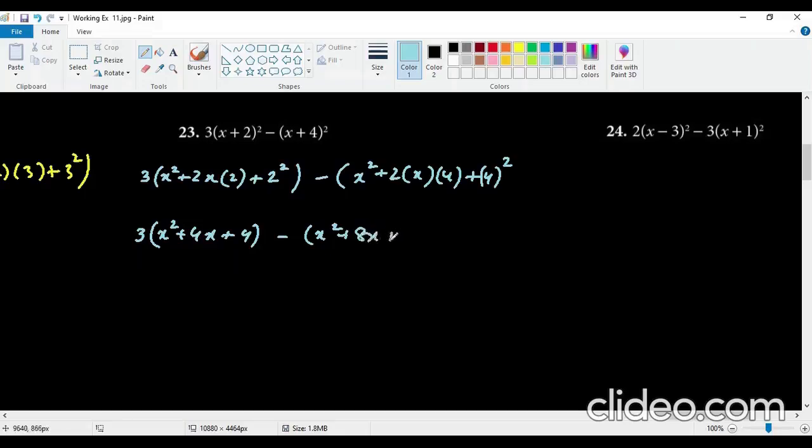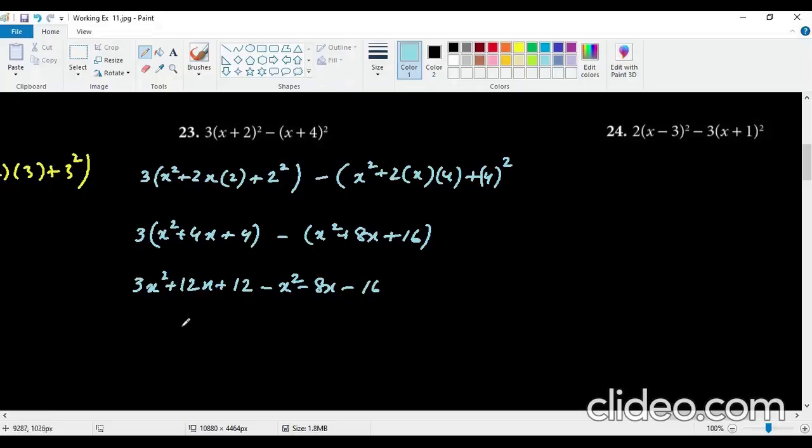plus 16. So first 3x square is going to be multiplied, plus 3 times 4 is a 12x and plus 3 times 4 is a 12. And this negative will change the sign of all the things inside the bracket, and minus 8x and minus plus is a minus 16.